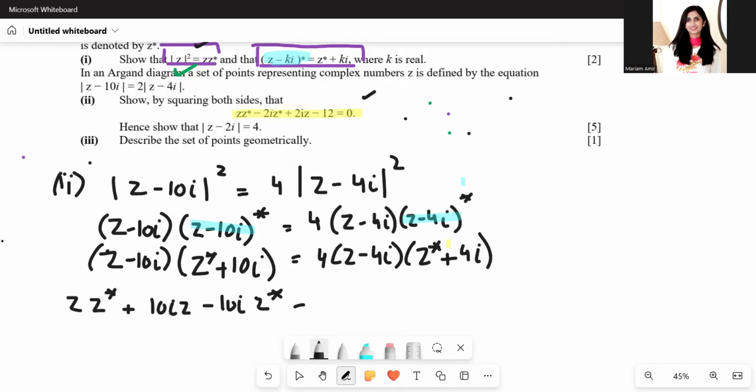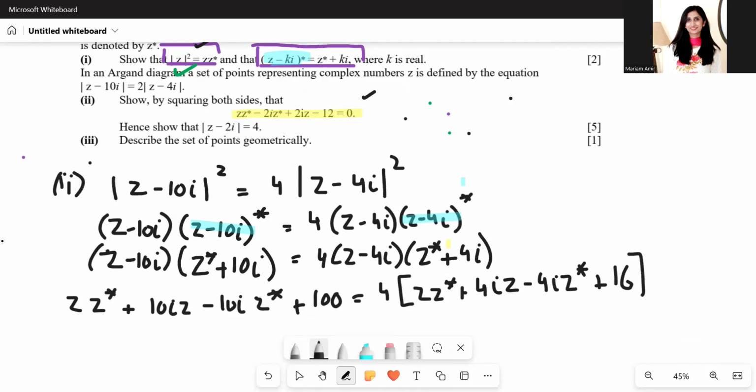So that's going to be plus 100, equals 4 times z times z conjugate plus 4iz minus 4i z conjugate and minus 16 i squared. Since i squared is minus 1, minus and minus becomes plus 16.